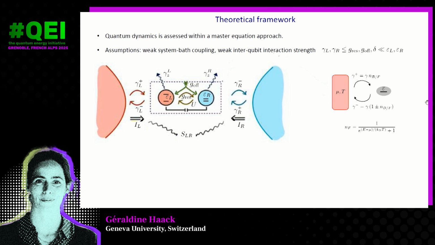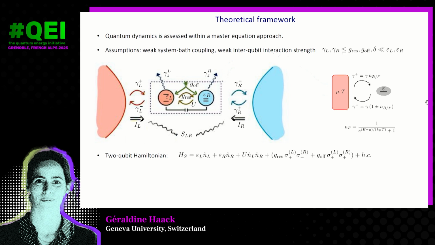And how the interaction works with the bus is described here. You just have a quantum system, and an excitation can flow into the system or can flow out, with rates gamma plus, gamma minus. And of course, this happens with a certain probability, and this probability is set by some rates and the statistics of the bus. Okay, so this is all that you need to know.